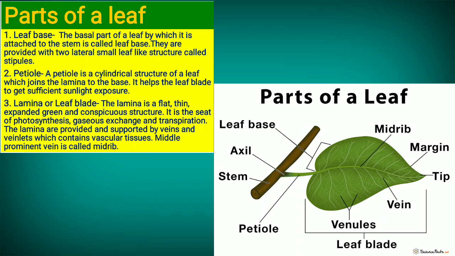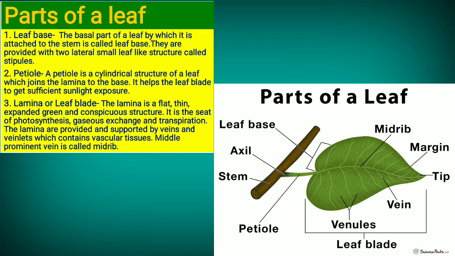And the third part is called the lamina or the leaf blade. The lamina is a flat, thin, expanded, green and conspicuous structure. It is always flat and it bears two surfaces, the upper surface and the lower surface.